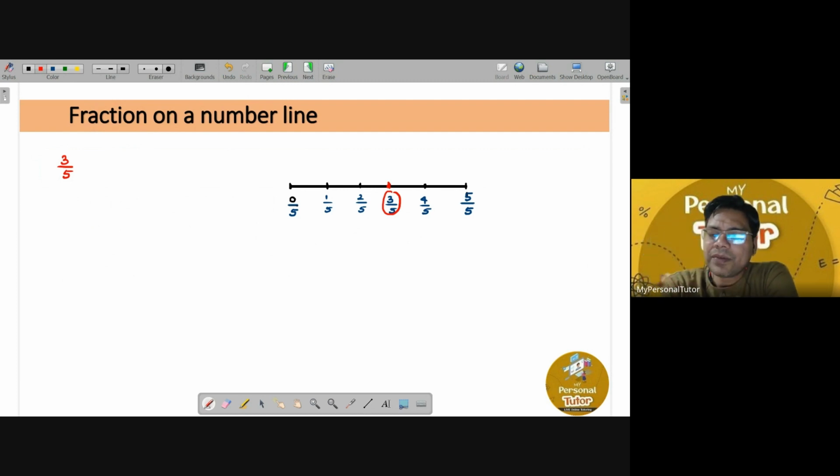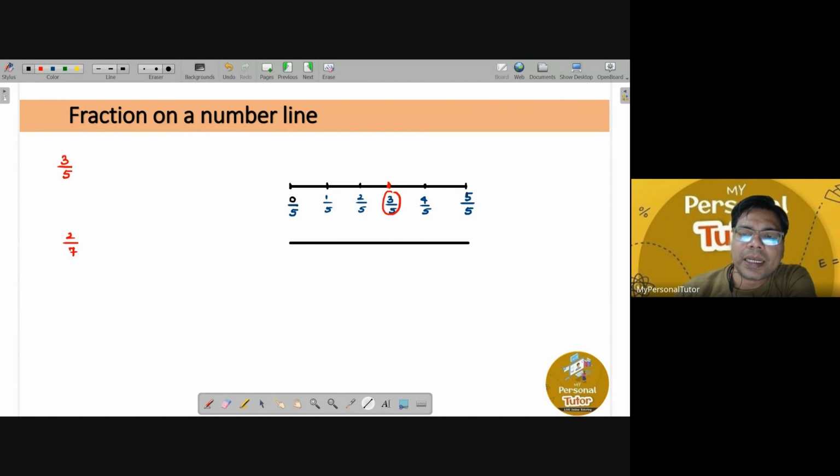Okay, and then whatever comes, let's take another example. For example, let's take 2/7, right? Now this 2/7, if I have to represent on a number line, same way what I will do, I will take a number line like this, right?